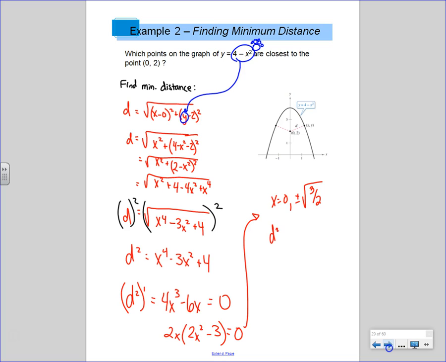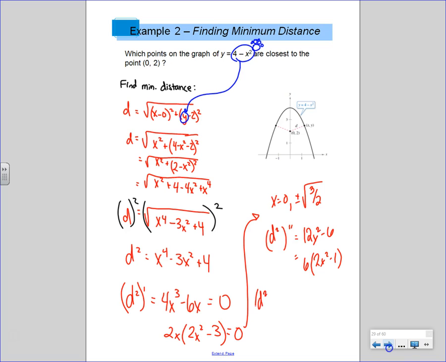So d squared double prime would be 12x squared minus 6, which would be 6 times 2x squared minus 1. Who are we plugging into that second derivative?